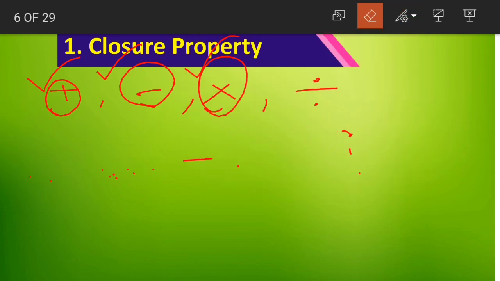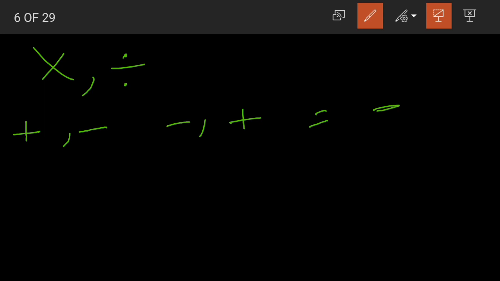Is this clear, class? Again, a few people are still confused about what sign is to be placed for the answer. Always remember, for multiplication and division, when we have two different signs, like a plus and a minus or a minus and a plus, then the answer will always be negative.